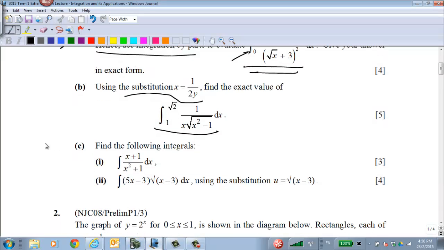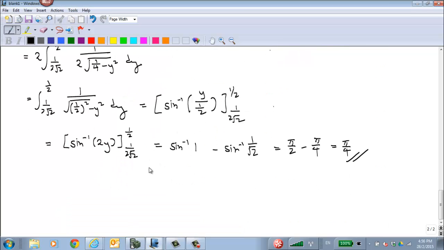Okay, so what about part C? Finding the following integral. Let's do part C1 first. The idea behind this is that because there's an x squared plus 1 in the denominator, if I see x squared plus 1 as f(x), I want to ask myself, do I see the f prime x, which is 2x?